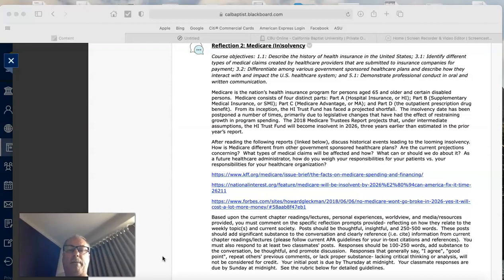So the 2018 Medicare Trustees Report projects that under intermediate assumptions, the Part A or HI Trust Fund will become insolvent in 2026, 3 years earlier than estimated in the prior year's report. And remember, that has a lot to do also with the aging population, the number of baby boomers who are retiring, and the ratio of our population that are still in the active workforce.